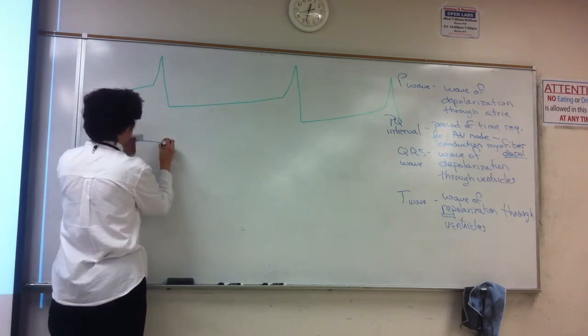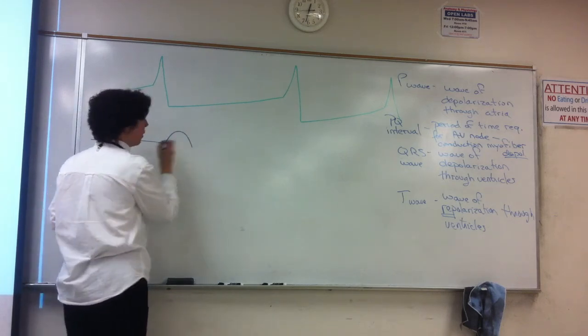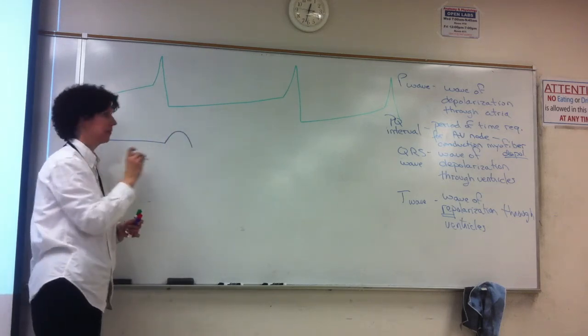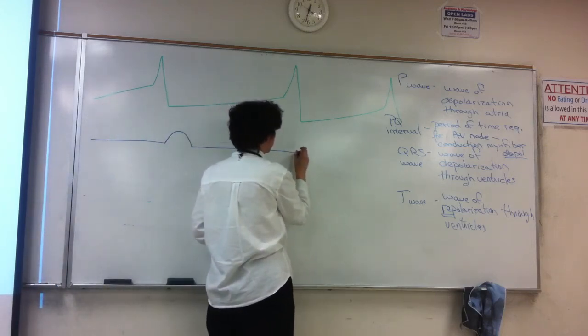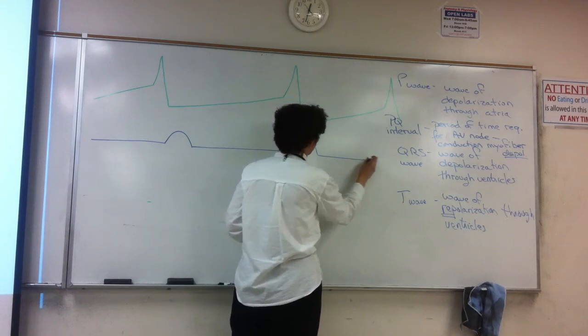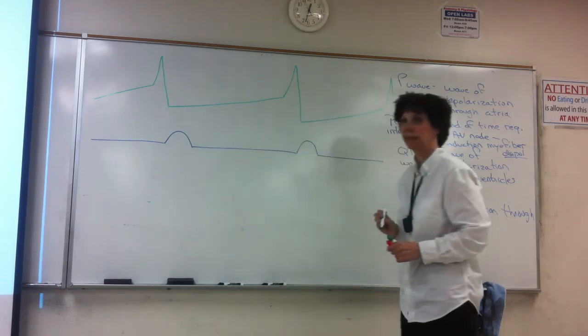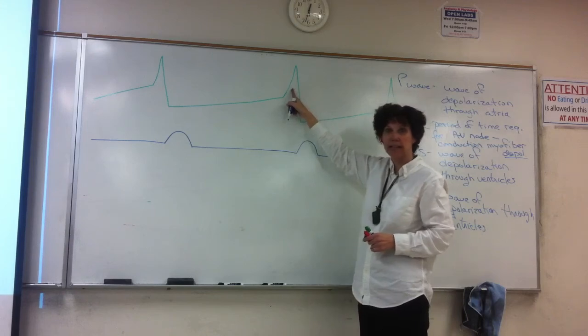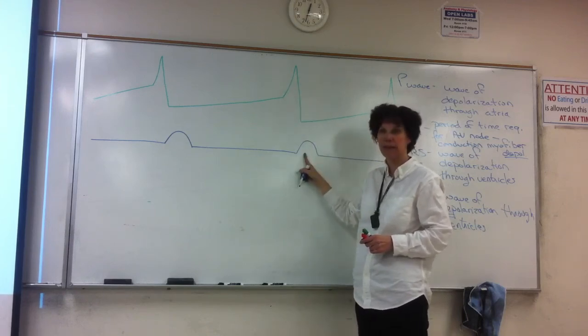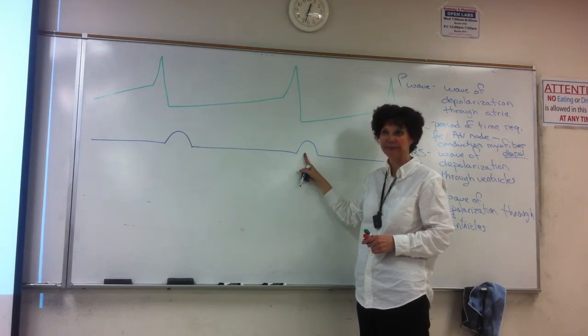In response to the action potential of the autorhythmic cells, the P wave depolarizes. Okay? So this causes the atrial cells to depolarize. That results in the P wave. Okay?